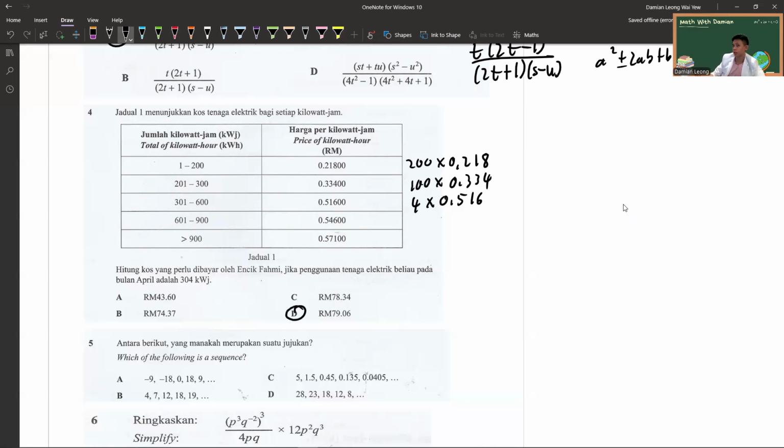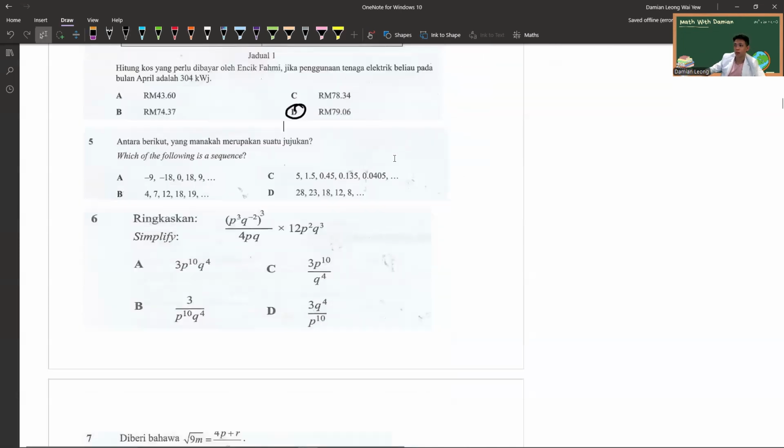If let's say there is a service tax, usually for usage above 600 kilowatt hours, then we have to add in the service tax as well. But in this case, there isn't any, so we just calculate the charges on each block according to how many kilowatt hours of usage on it. That's question 4.